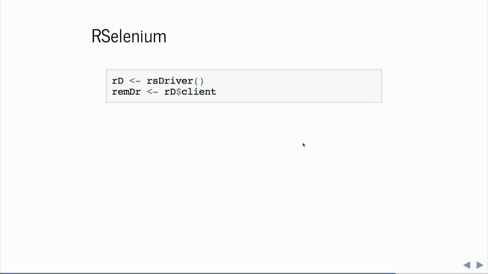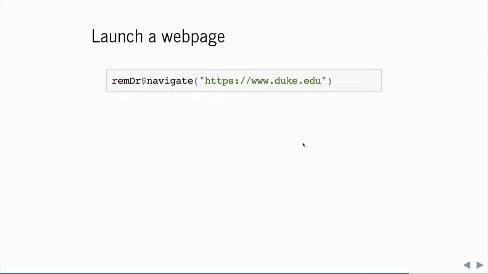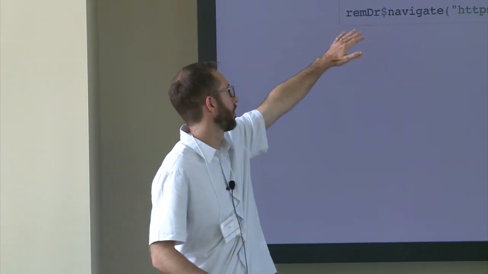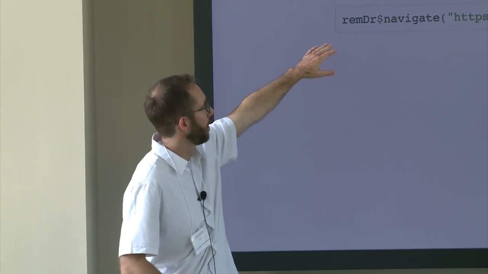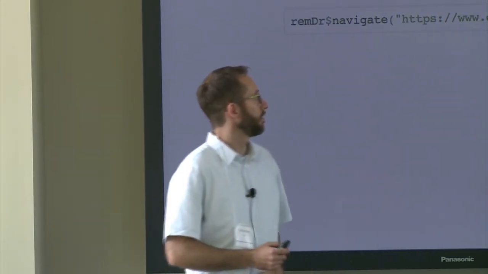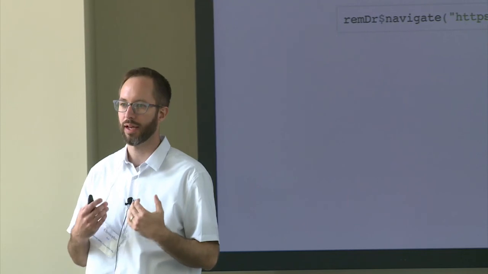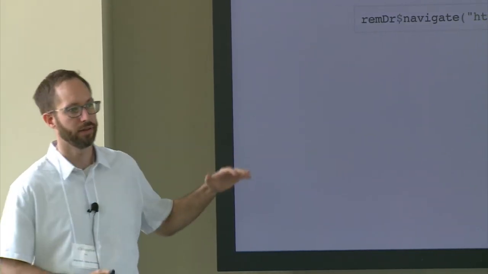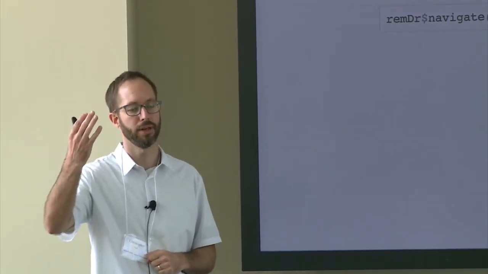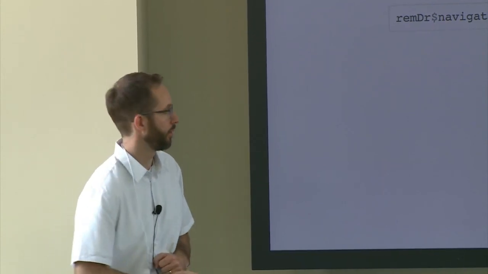That's what these 2 functions are doing. And once we do that, we can then control the object, which is called remdr for remote driver, right? And we can say navigate to this link. And if we have Selenium installed, and if we run this link, a Chrome browser will open, and it will open www.duke.edu.